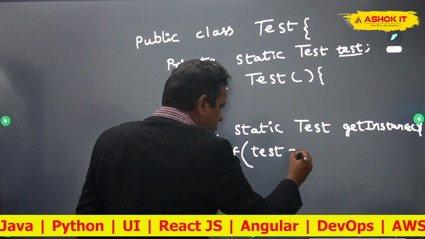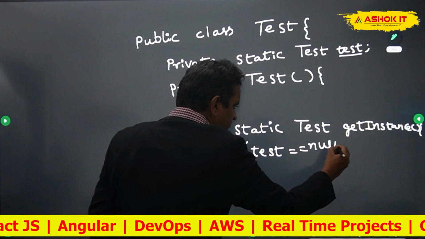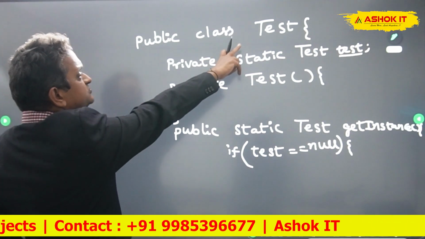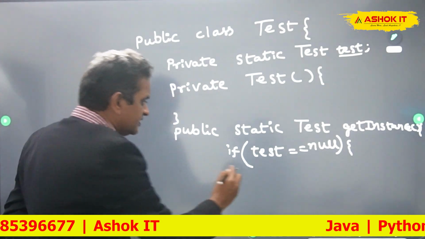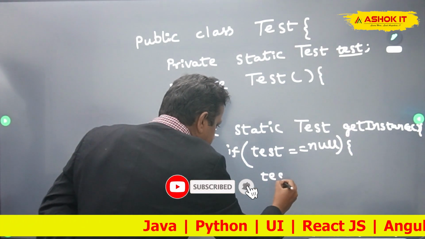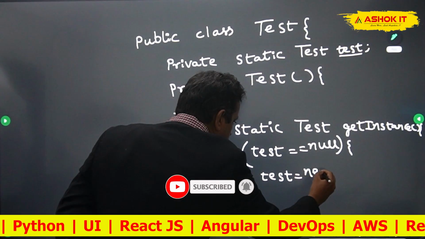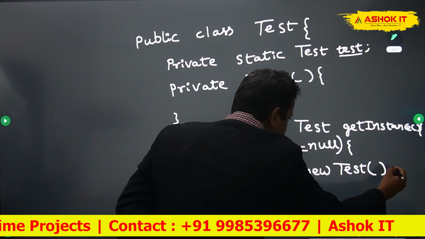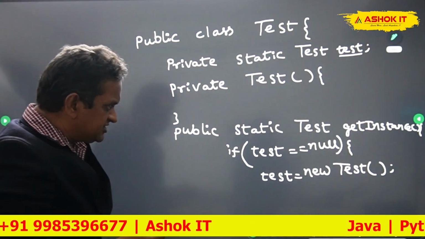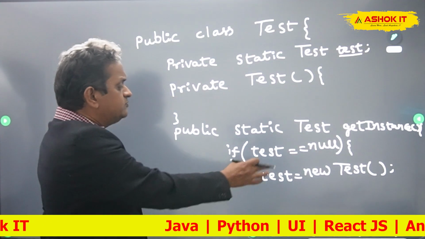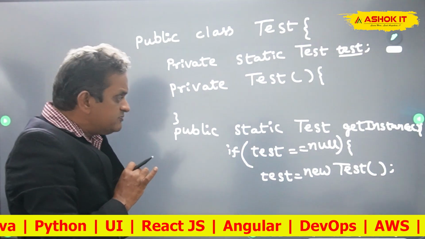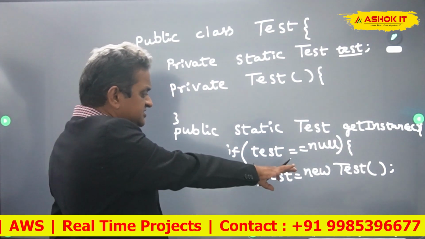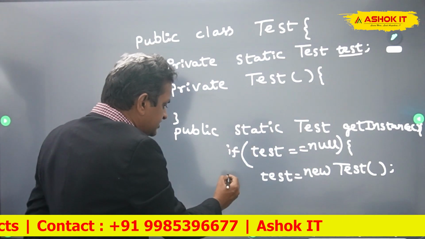If test equals null, then only I create the object of the Test class. So now I say test is equal to new Test. Instantiating the class means creating the object of the class. Some people say instantiating the object. No, instantiating the class is nothing but creating the object of the class.